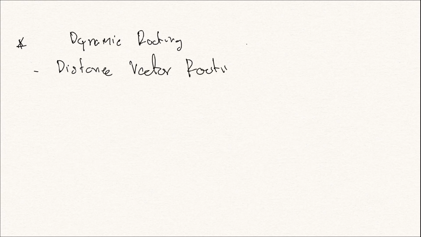Remember, the first one, distance vector routing. Examples of distance vector routing are, of course, RIP, or another one called IGRP, the Interior Gateway Routing Protocol.